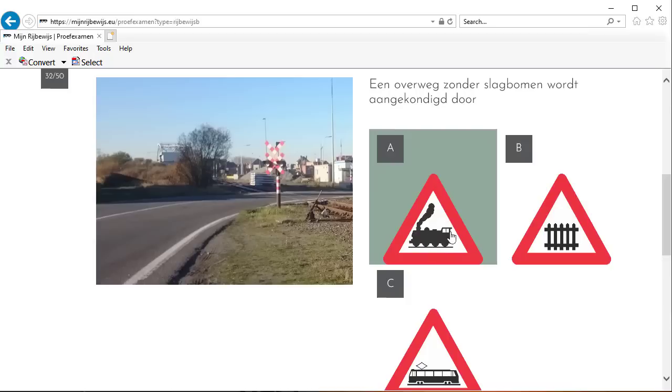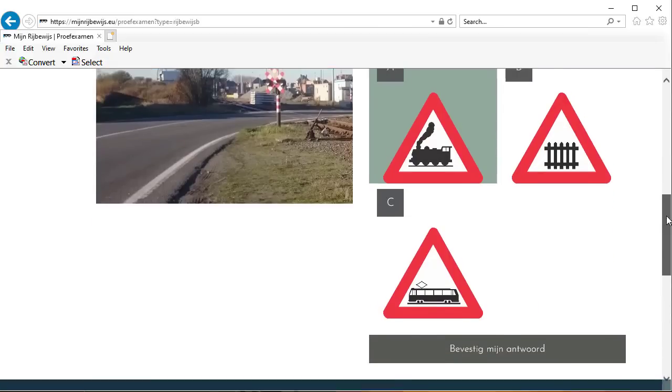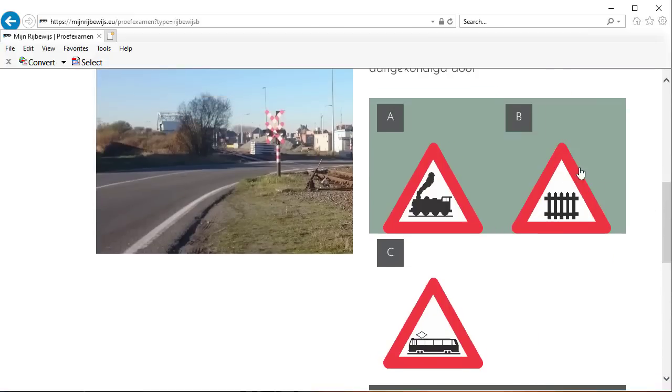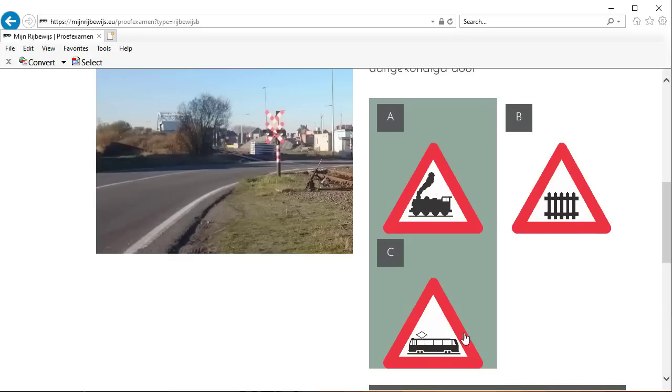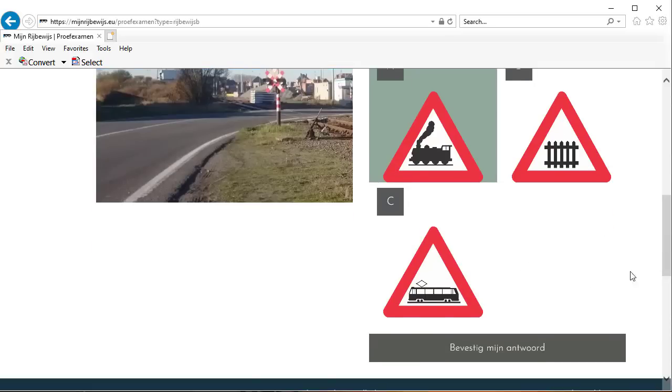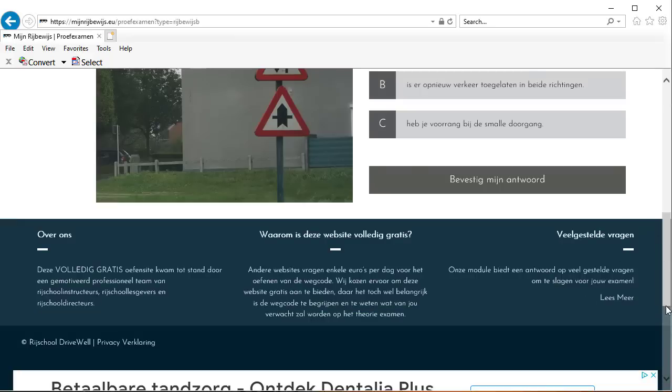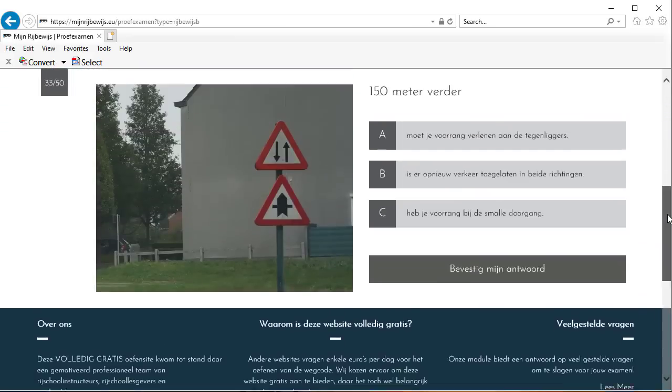The other ones, this one indicates a level crossing with gates at 150 meters. This one is also at 150 meters. And this one indicates it's not for the train, but it is for the tram.